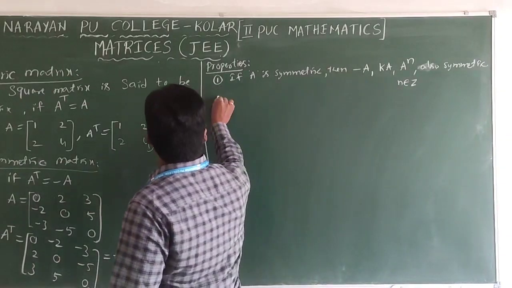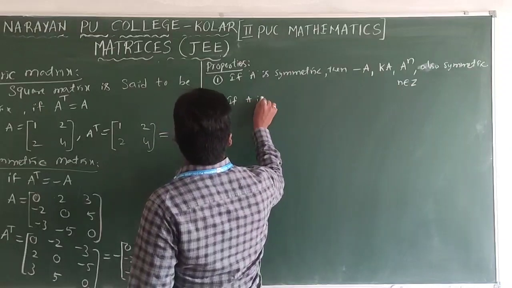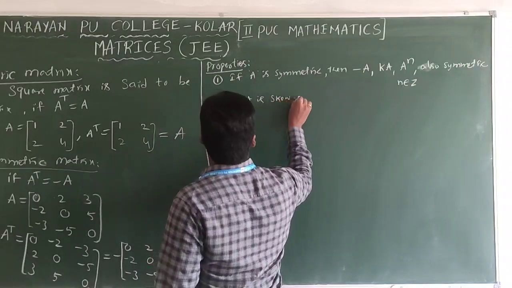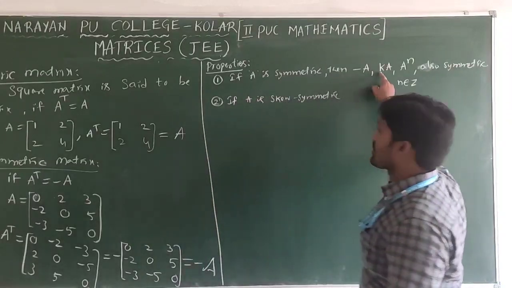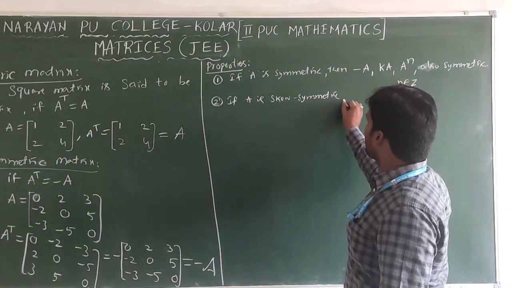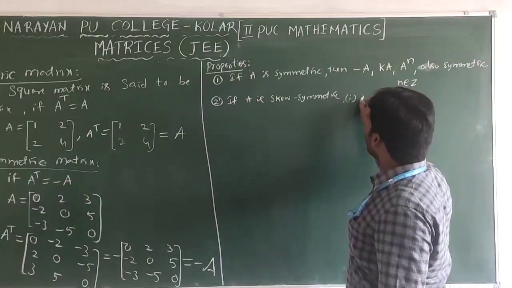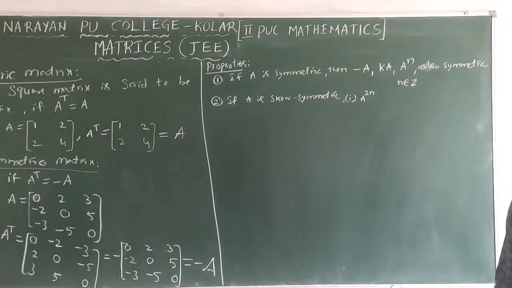Next, second one. If A is skew symmetric, K is a non-zero constant I can take. If A is skew symmetric, then clearly A power 2n, n is an integer, 2n will become an even number.